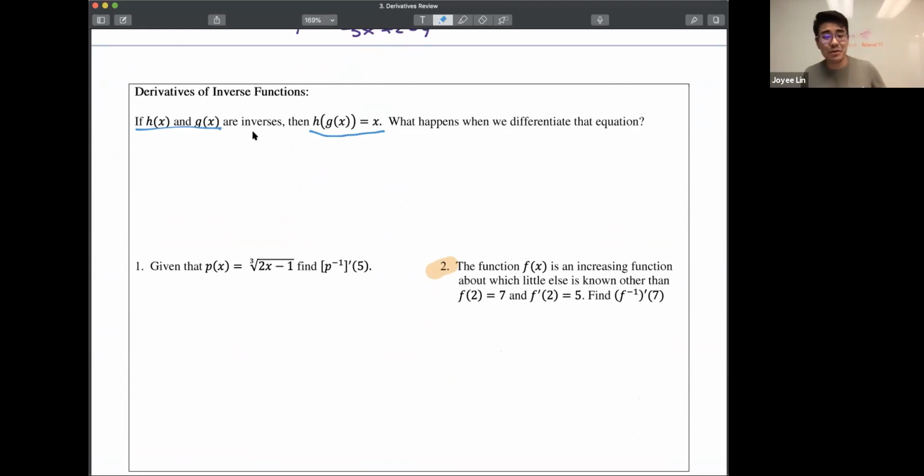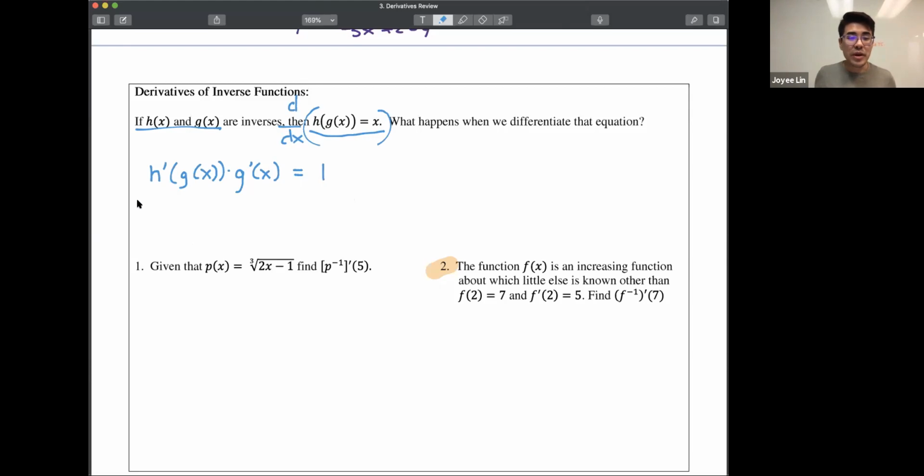So let's take the derivative of both sides with respect to x. When we take the derivative of both sides with respect to x, we get h prime of g of x times g prime of x. Right, on the right side, when we take the derivative, we just get 1.